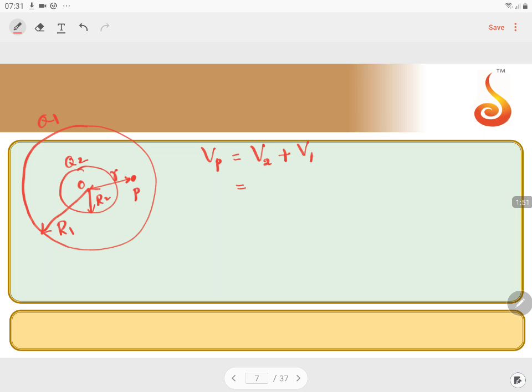R. So the potential due to this inner sphere will be K Q2 divided by small r, and this point will be an inside point for the outer sphere, so it will be K Q1 divided by R1. So this is the correct answer.